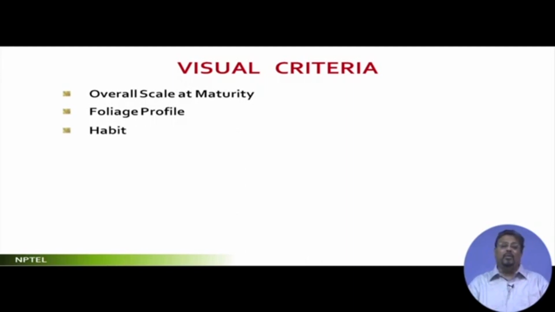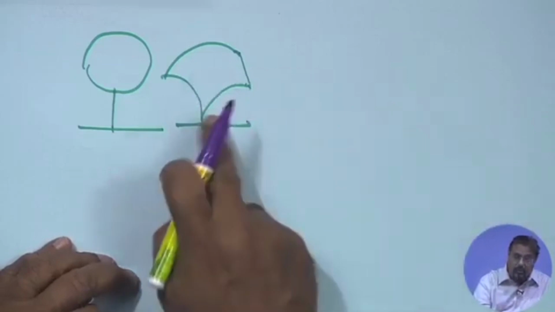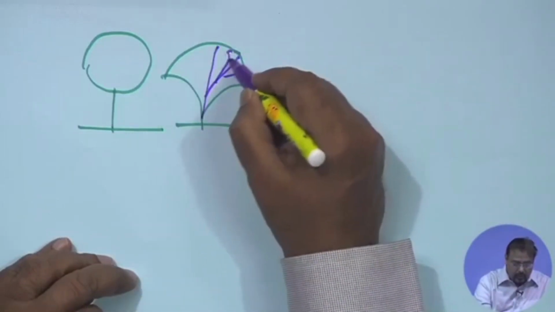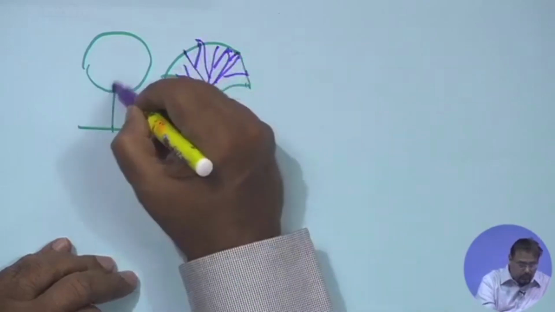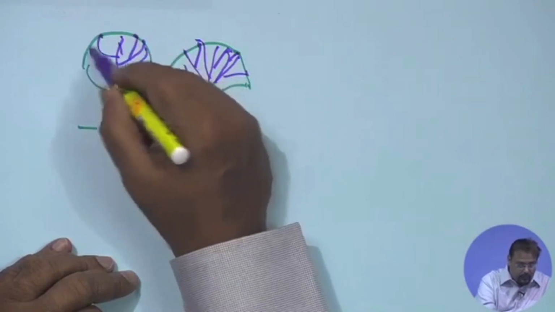Habit has nothing to do with the kind of habit that we use very frequently for ourselves. Habit is a branching pattern, which is technically called habit in plant sciences. Let's take this particular picture, in which the branching is like this, or it is like this.